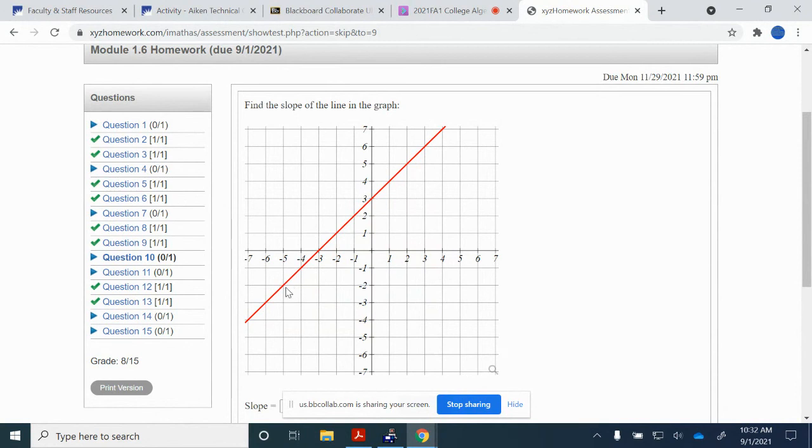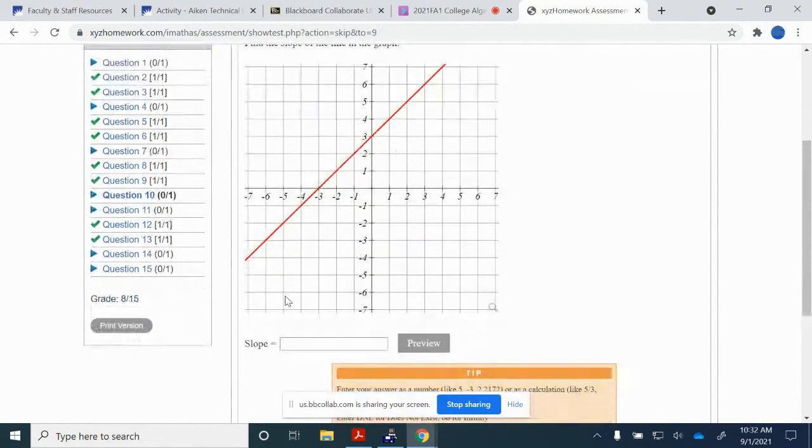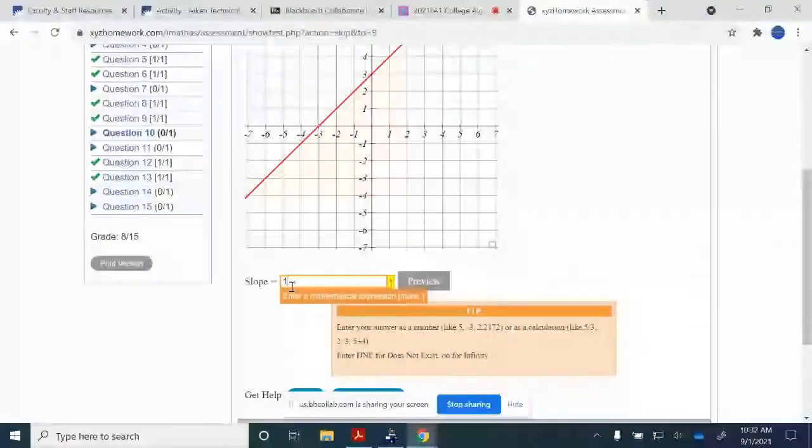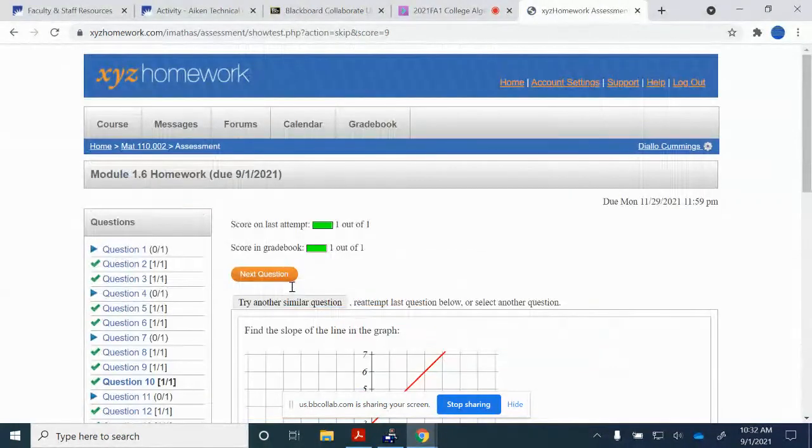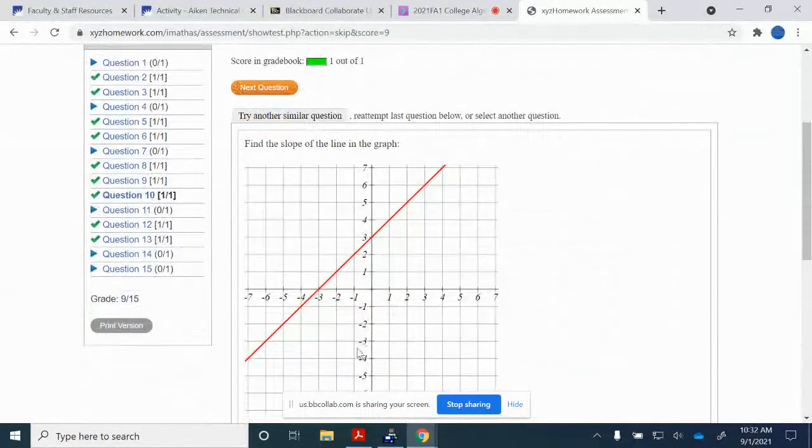So my run would be 1. And then I count the distance from this imaginary vertex to this point on the line, and again I get 1. So my rise is 1 and my run is 1. If I put my rise over my run, the slope here should be a positive 1.